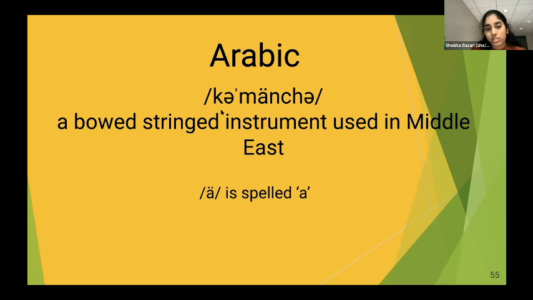I think the hard part that's tripping up a lot of people is this ka sound and what that second letter should be. In this case, it's an E. This is maybe a general language pattern in Arabic, that sometimes the E will be used for that schwa sound. Generally speaking, yeah, so Kemancha would be spelled with an E.